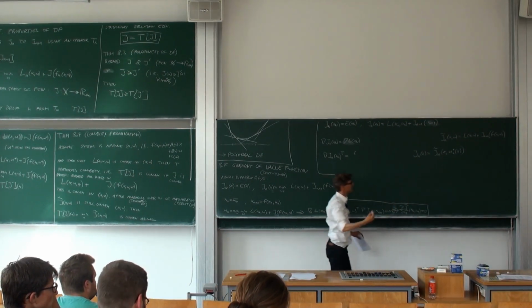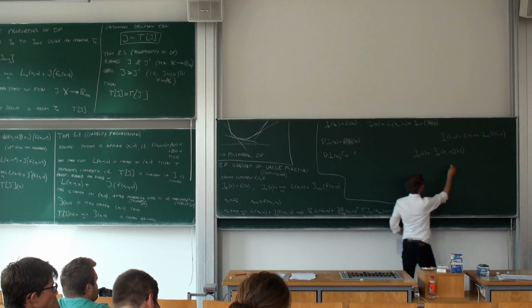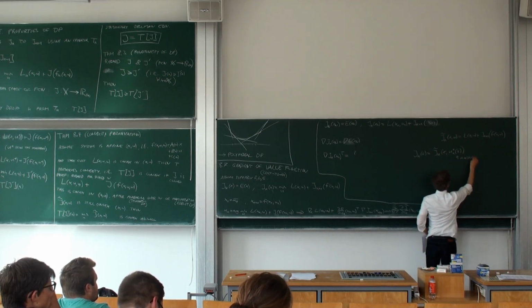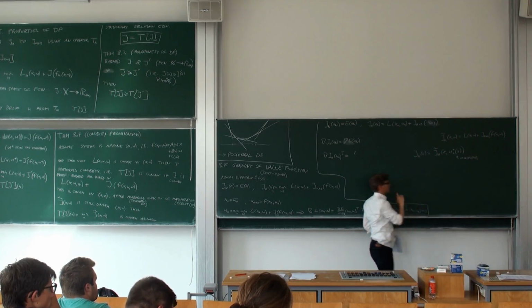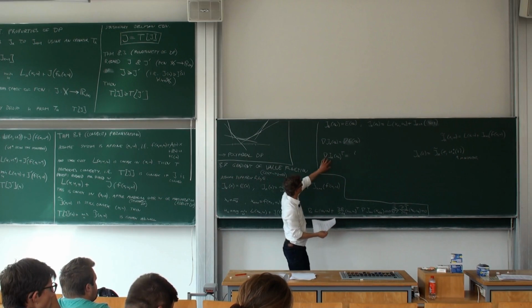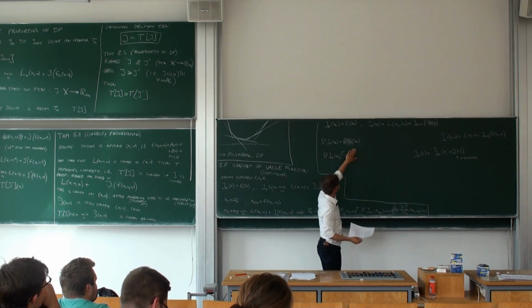So it's basically the minimizer which depends on x as well. So that's the minimizer of this problem. And now I could ask the question, what is the gradient of this whole thing at the optimal solution?